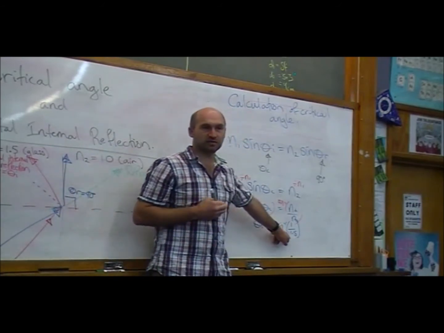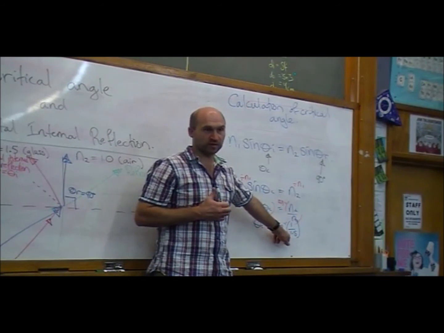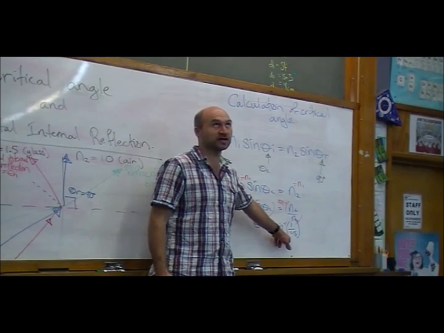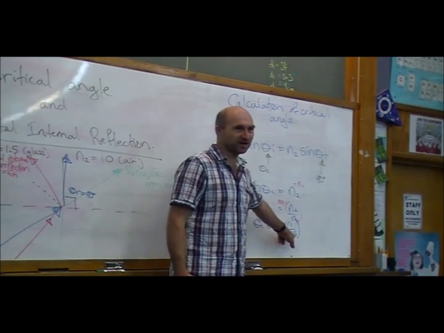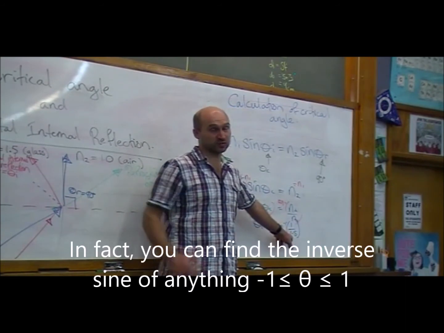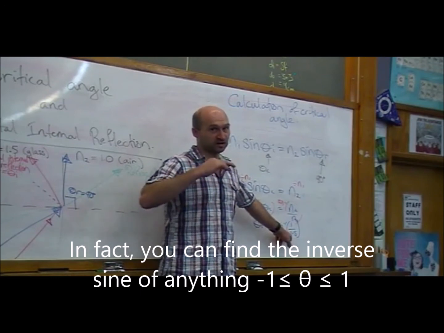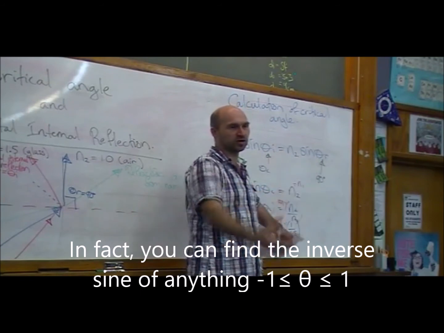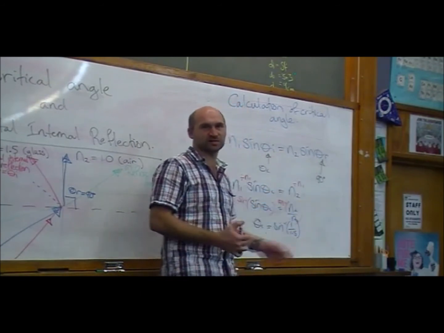Notice that the value of that fraction, 1 over 1.5, is less than 1. You can only inverse sine something between 0 and 1, right? If you try to inverse sine something that's greater than 1, you're going to get what Luca got. You're going to get math error, syntax error, something like that.